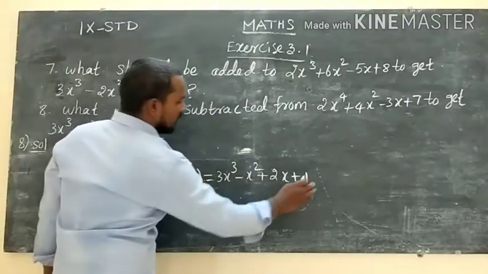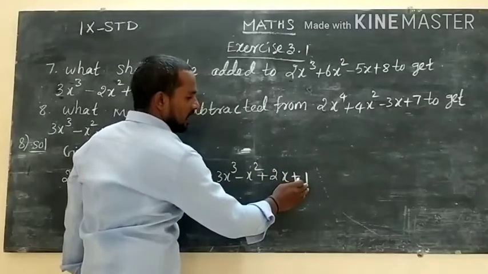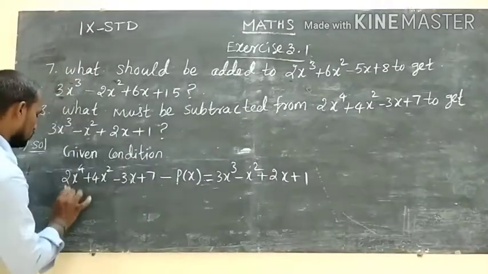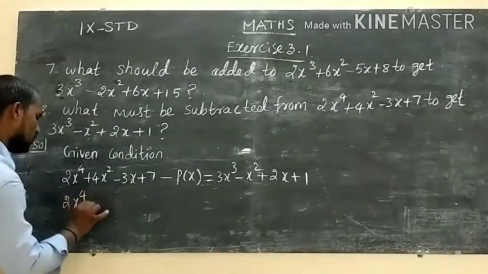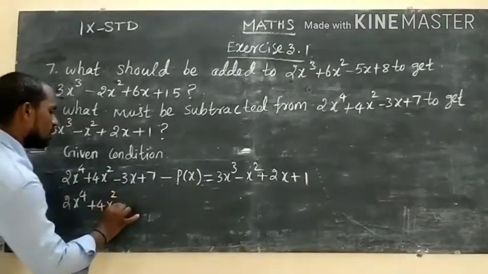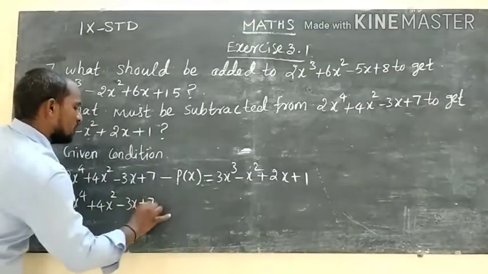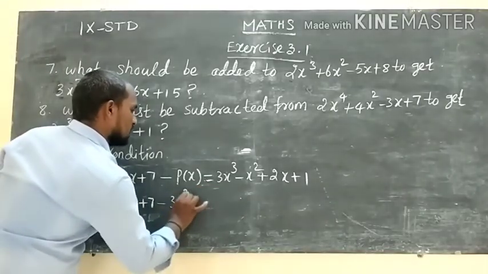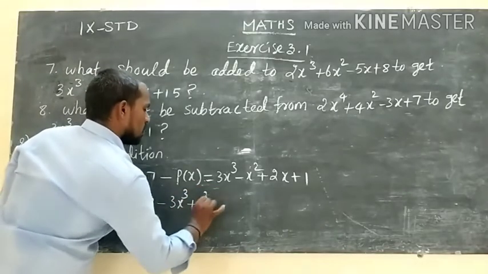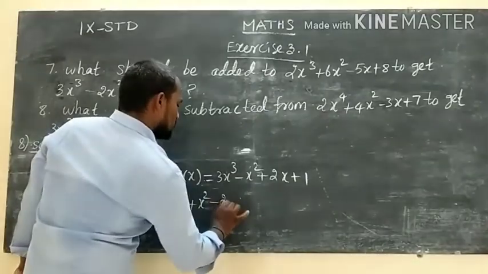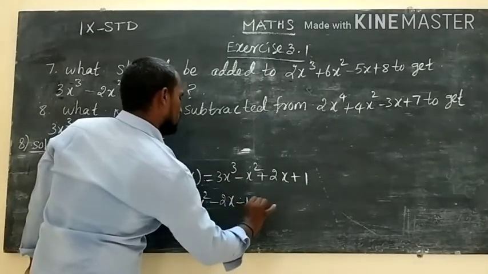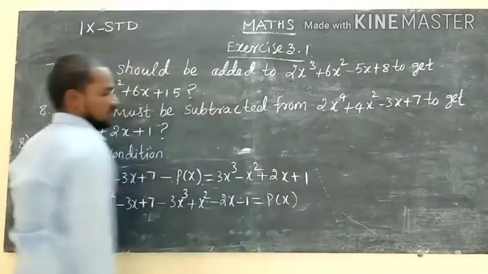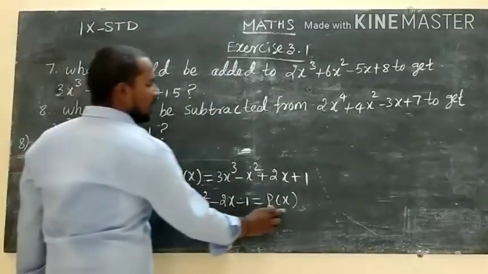As well, we transfer the RHS to the LHS. So 2x power 4 plus 4x square minus 3x plus 7, then minus 3x cube, then plus x square minus 2x minus 1, which is equal to plus p of x, because this is the required value.